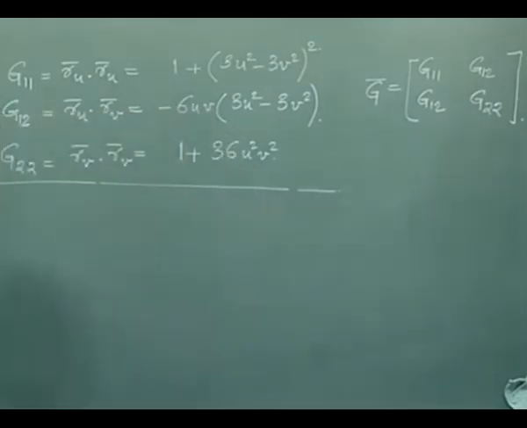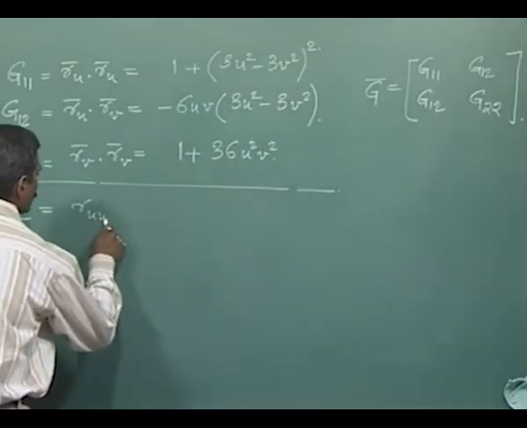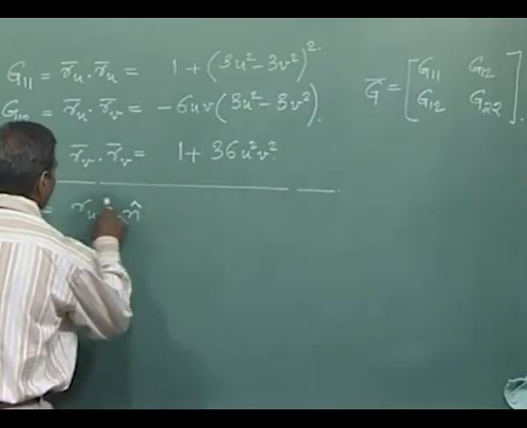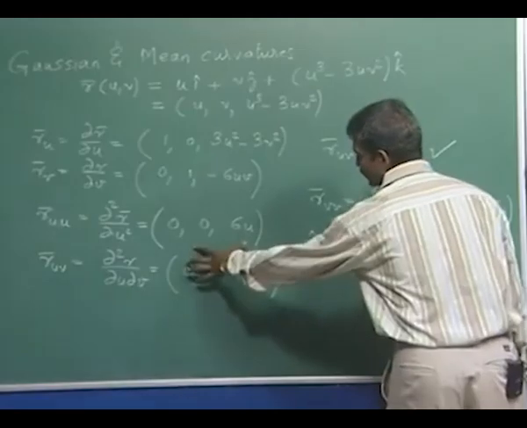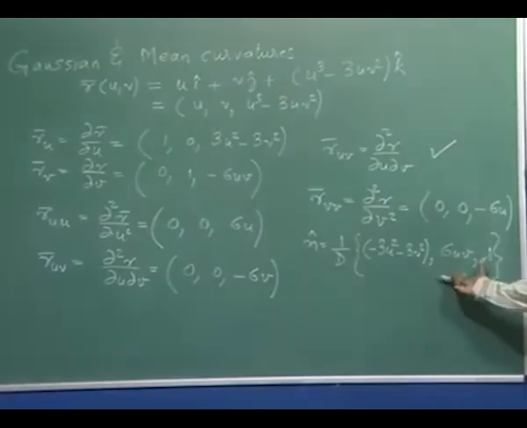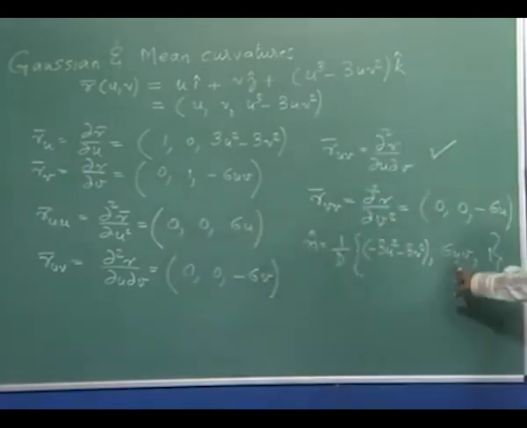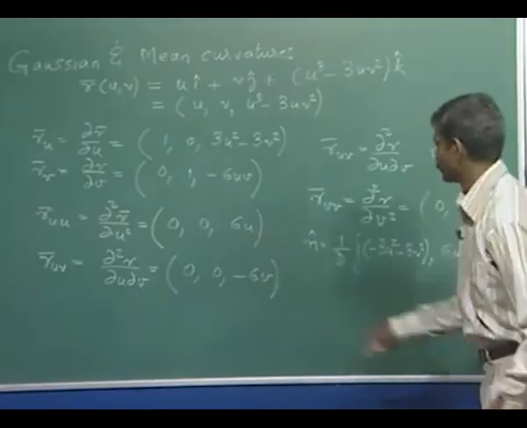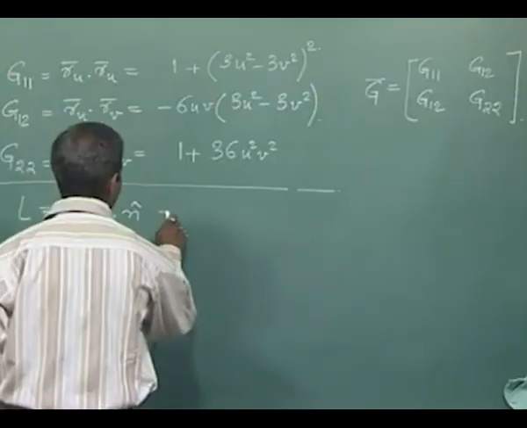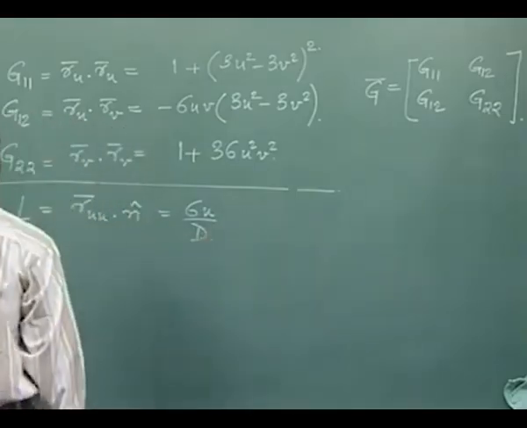The elements are given by L equals Ruu dotted with N. Ruu is here, N is here. So what do we have? This dotted with 0 plus this dotted with 0 plus 6u. So we have 6u over d here.